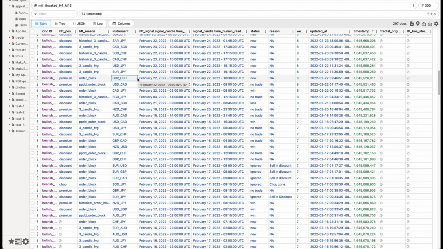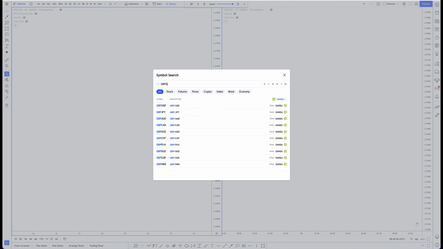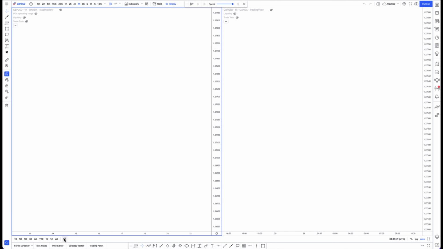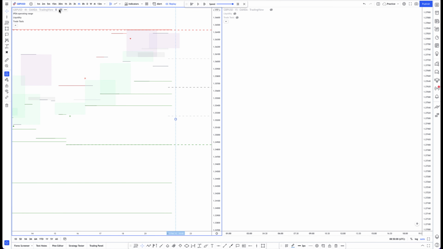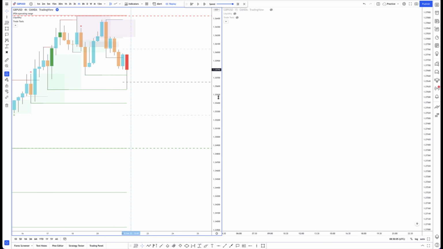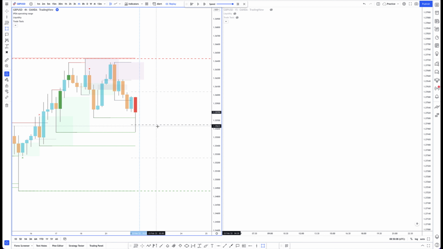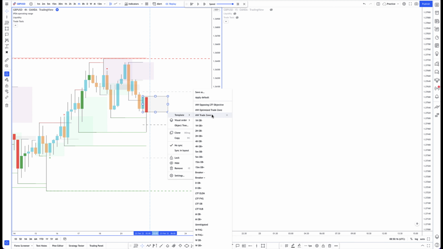GBP USD, Feb 22, 6 UTC. Oof. This is another interesting one where it did reject from discount, but it's okay.